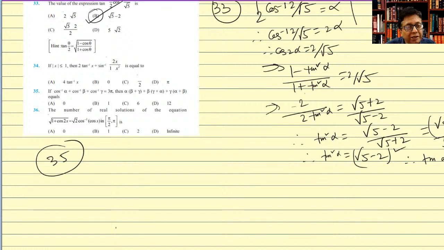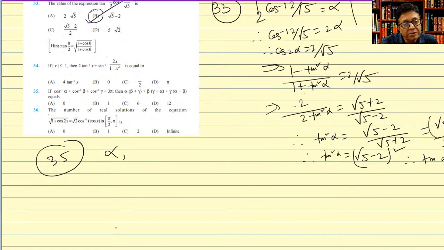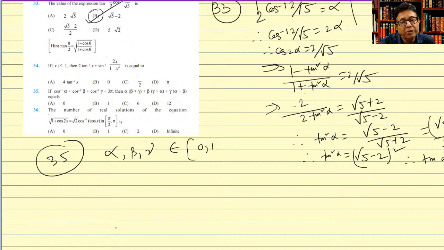Read the sum carefully. Cos inverse alpha, cos inverse beta, cos inverse gamma sum to 3 pi. Then what's the value of this? I would like to remind you of the principal value branch. All will belong to 0 to pi.